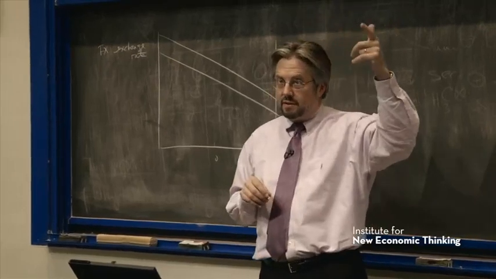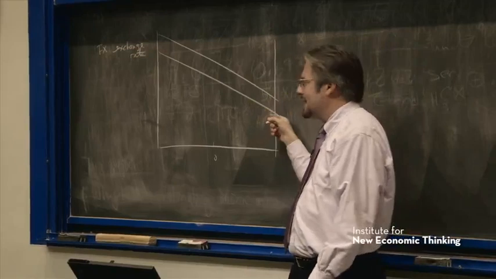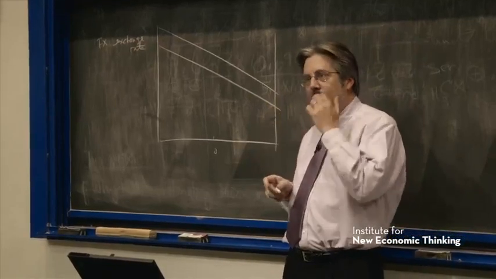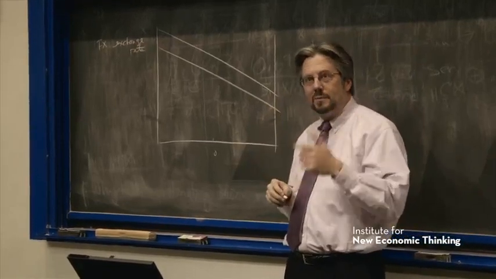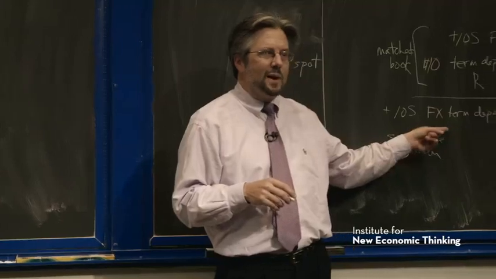The profit in this kind of trade comes from buying low and selling high, okay? So that is to say, locking in an exchange rate now that is lower than what it's going to be in the future. You're taking a long position in foreign exchange here, and so you want to get it cheap.